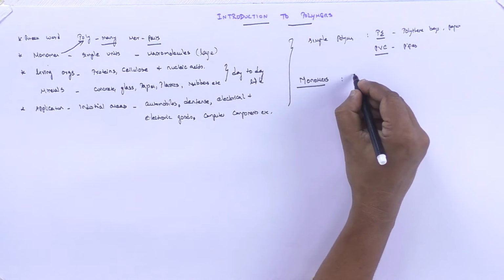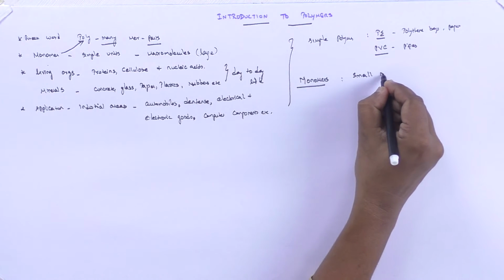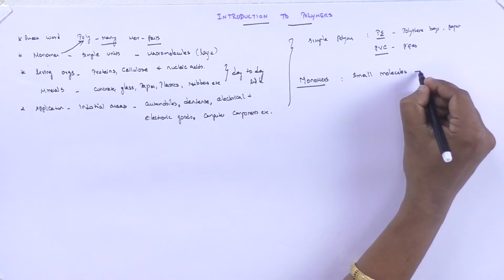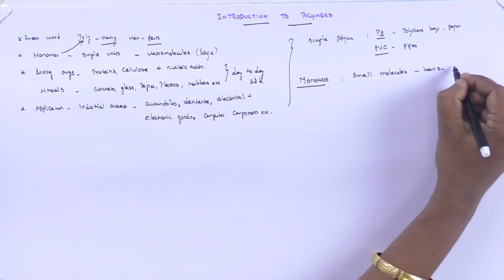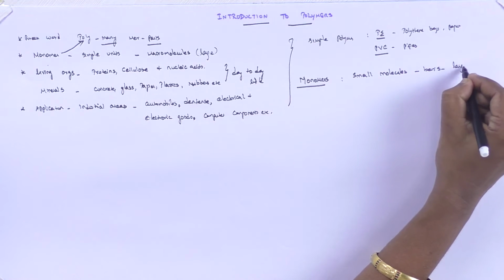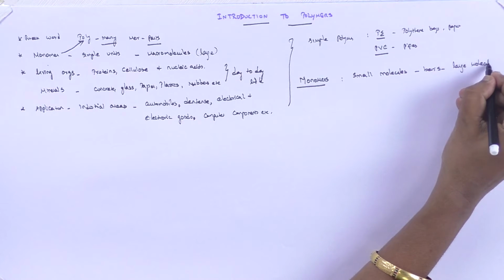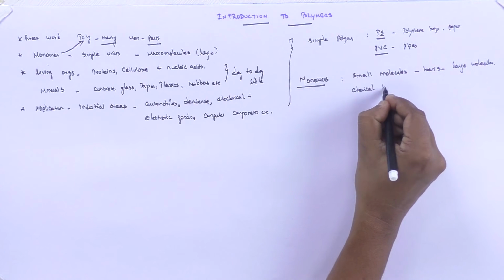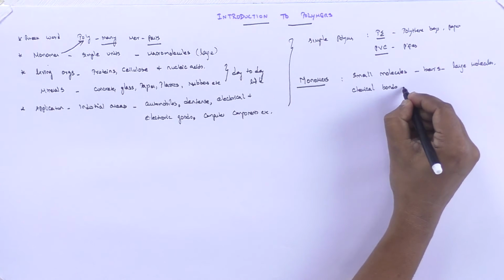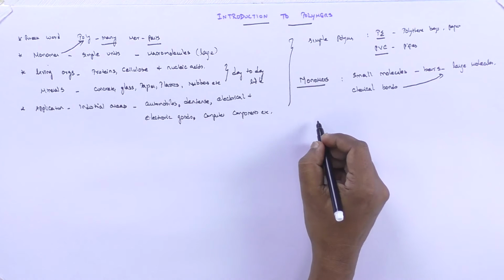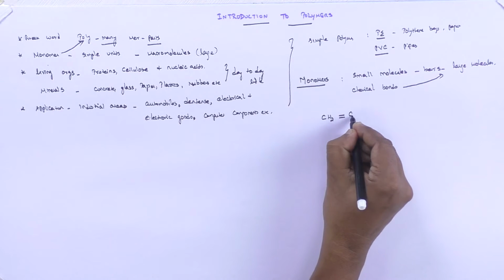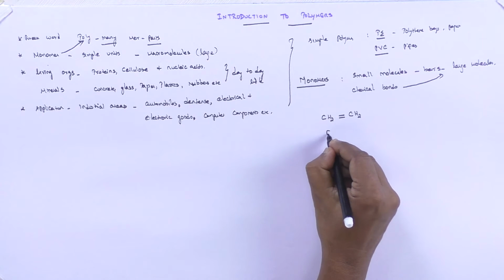Monomers are small molecules, as I have already told you, and they form the basis of larger molecules by forming chemical bonds. They form chemical bonds to produce a large molecule. If you see the example of ethylene, CH2 double bond CH2.